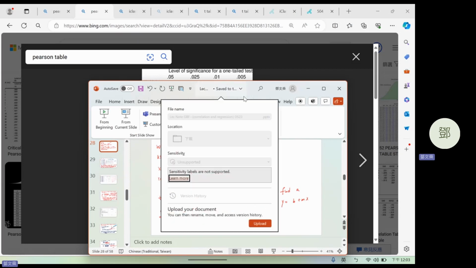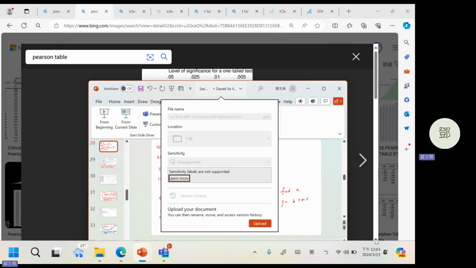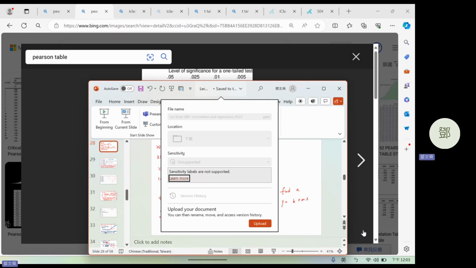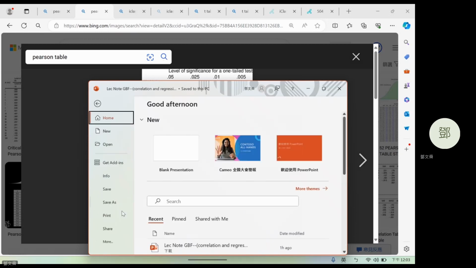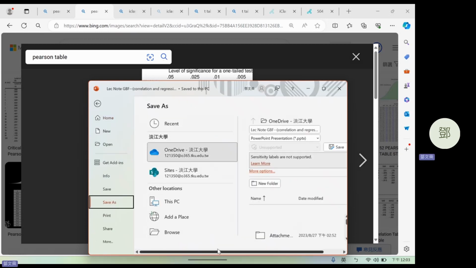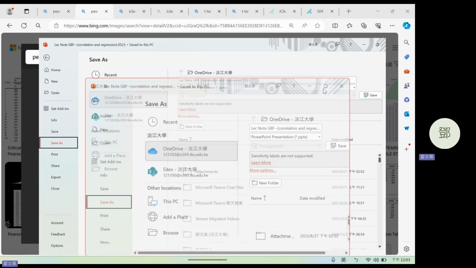How much did you pay for this computer? 30,000 NT. You cannot buy second-hand from the second-hand market.